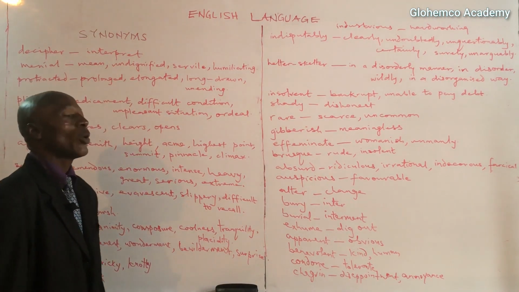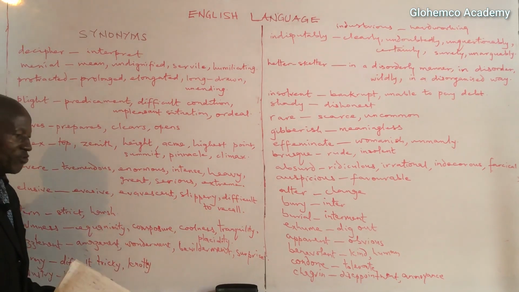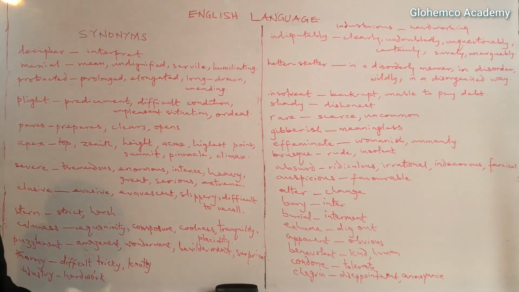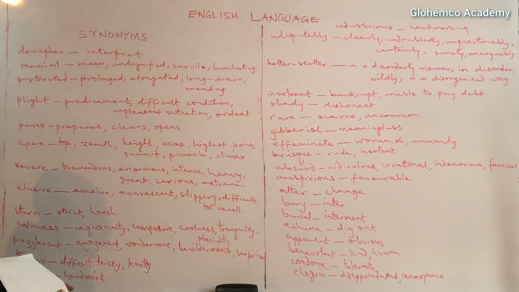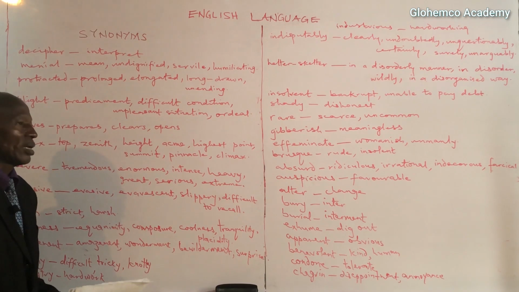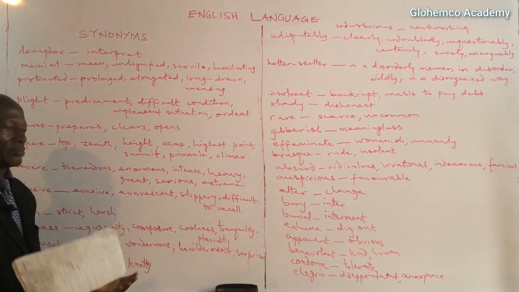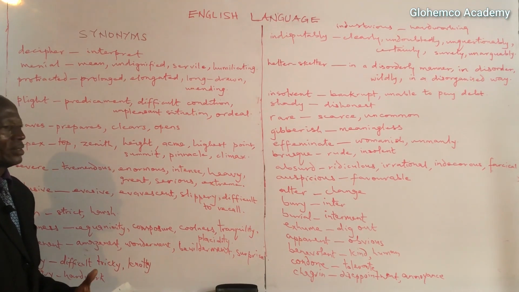To exhume means to dig out. Now, let me give you a vivid example of that. If a person is mysteriously dead, and people begin to wonder what might have caused the death of this man, and maybe hurriedly they interred the man, and members of the dead man's family gather together to discuss why.